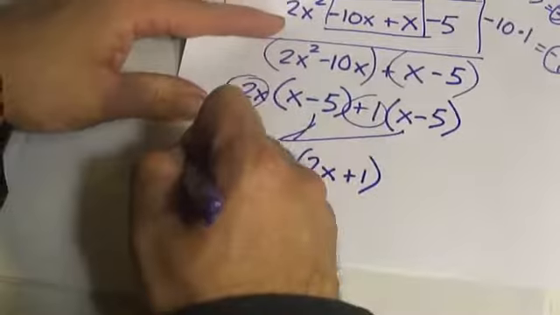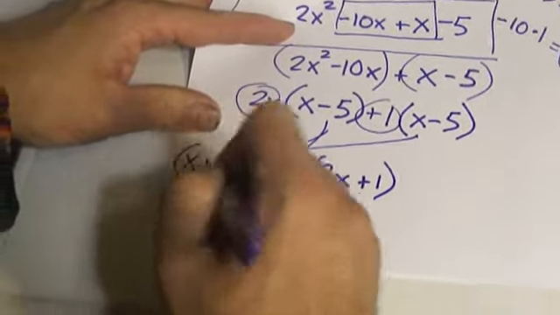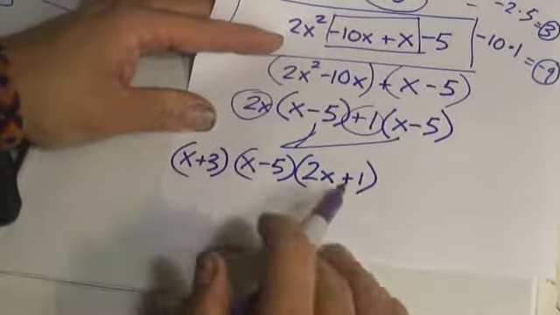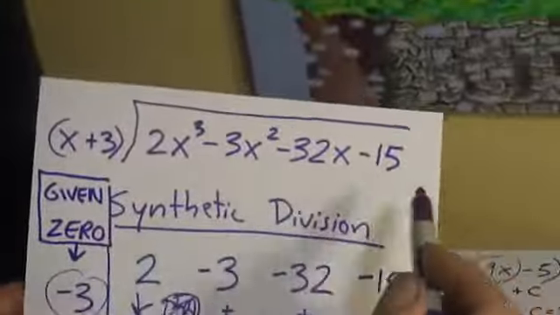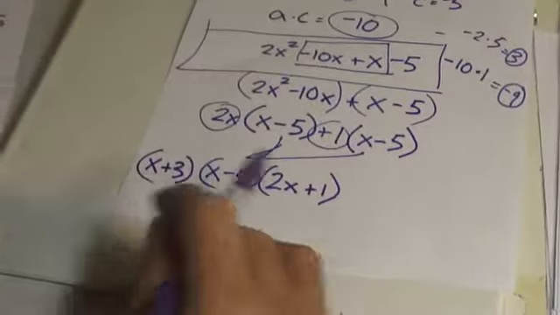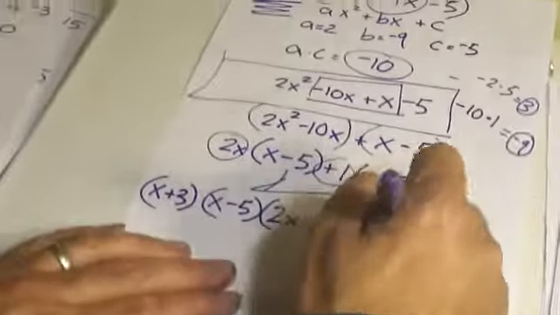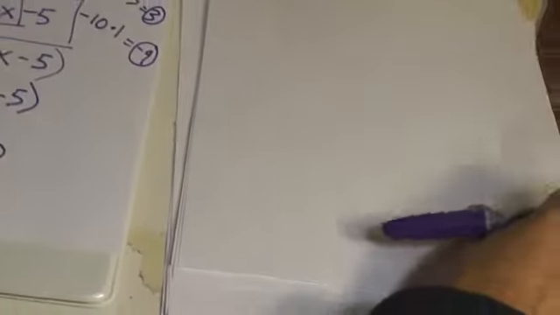And don't forget the first factor that we were given up here, x plus 3. We bring it down here and we have x plus 3. We have our 3 binomial factors. We just factored this really tricky looking expression. But now don't forget, it was set equal to 0. So equals 0. We're going to put it on another piece of paper here.